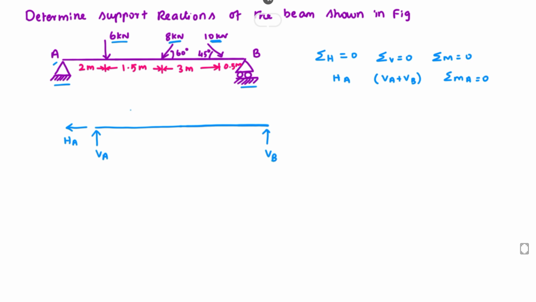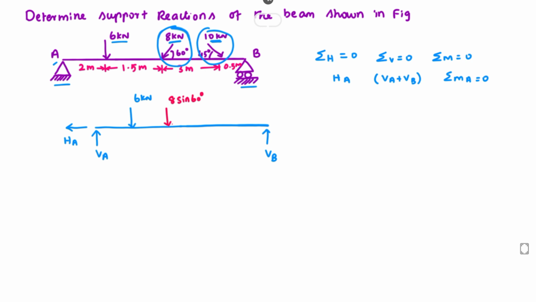Okay, next is the 6 kilonewton, which is a vertical force. The 8 kilonewton inclined force is converted into horizontal and vertical forces, and the 10 kilonewton inclined force can also be converted into horizontal and vertical components. So here we can take 8 sine 60 degree.